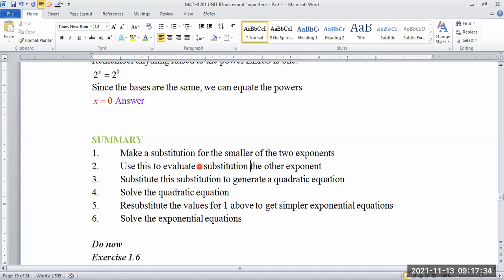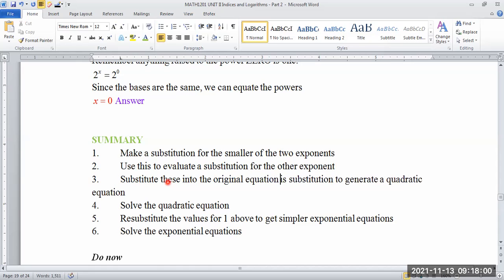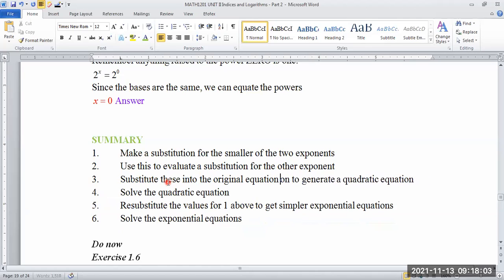Then substitute these into the original equation to generate a quadratic equation.